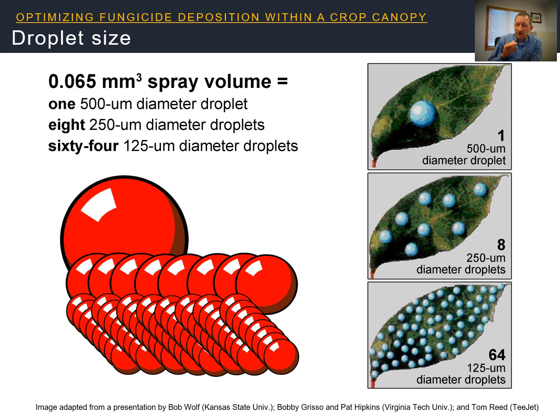Modern fungicides have local systemic movement. What this means is that they can move upward from the point of deposition in the water conducting cells, but they can never move downward. So if we take that 500 micron droplet and imagine that it hits a leaf, take the picture on the top.